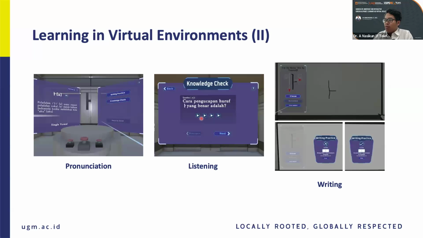Each option will provide some sound, and the students need to choose which sound is the correct pronunciation of the character A. And then the third aspect of the learning is the writing. We have the character there, and then we ask the students to write in the virtual world how the character is written. Then our system will detect whether the writing is correct or not.